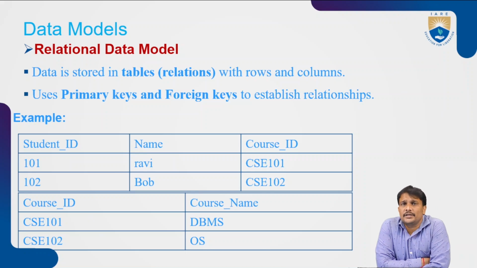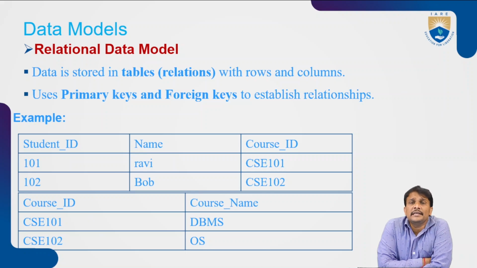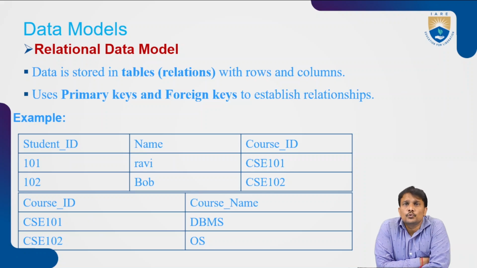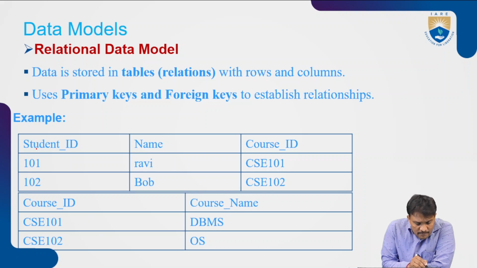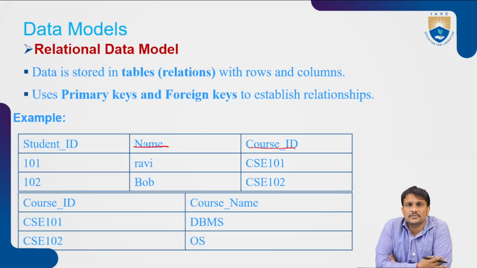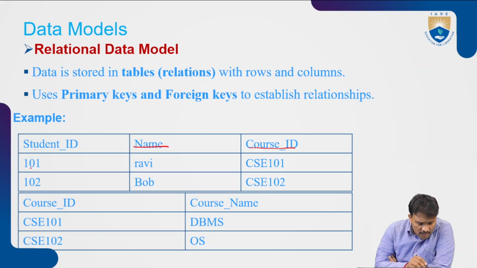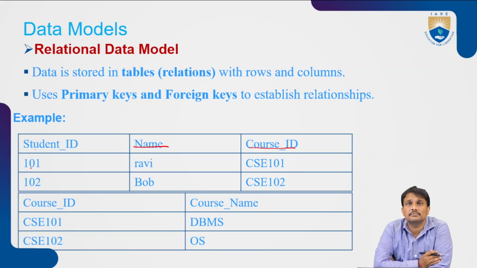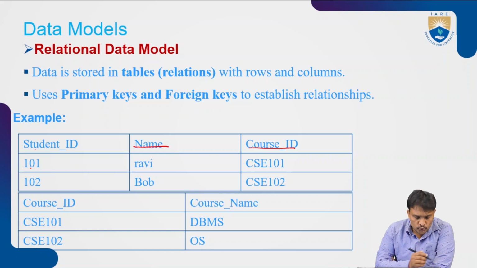Student is a relation. A student relation consists of three attributes: student ID, name, course ID. Here the data is student ID 101, name is Ravi, course ID is course 101. So here student ID is the primary key.